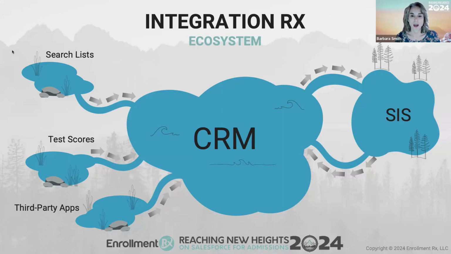All of their work can happen in the CRM. We love that. That's our goal. And we work very closely with you to determine what all those requirements are. In this slide, you will see some data coming back, and we're going to talk about what that data is. But the primary flow of data is from your CRM to your SIS.